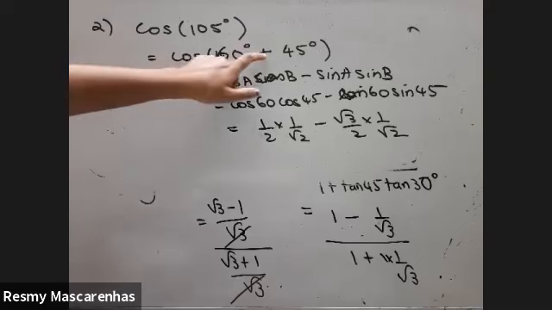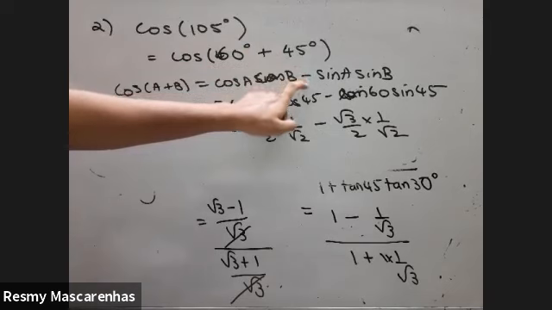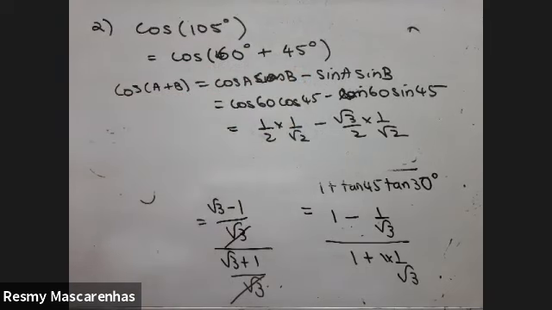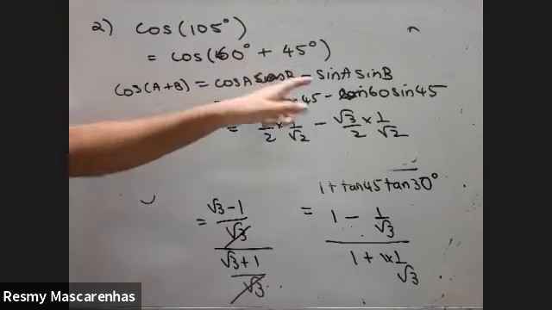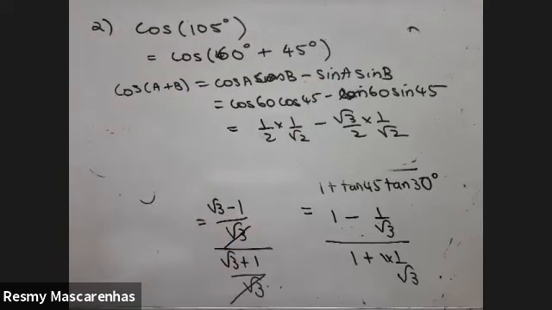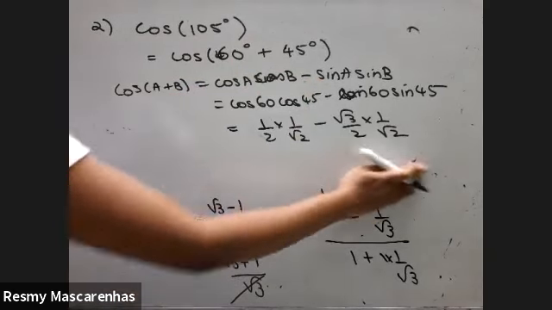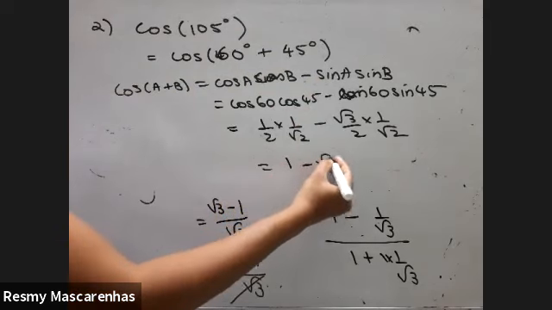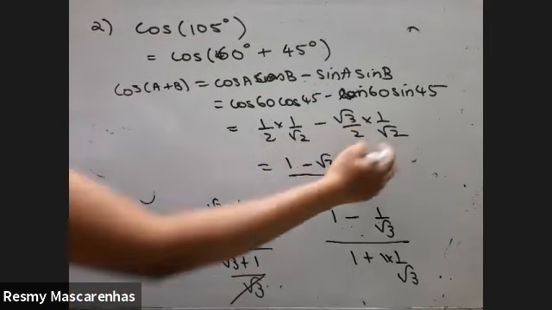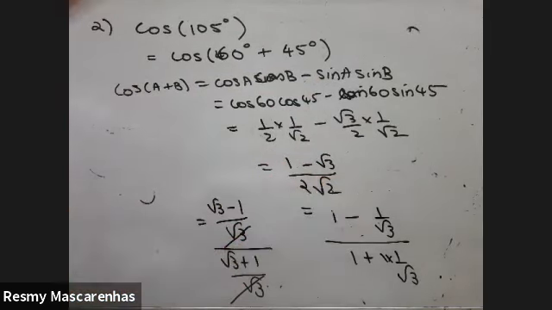If this was minus, then this would have been plus. Same thing, but ulta. Then 1 upon 1 minus root 3 upon, this is the common denominator, 2 root 2, that will be the answer.